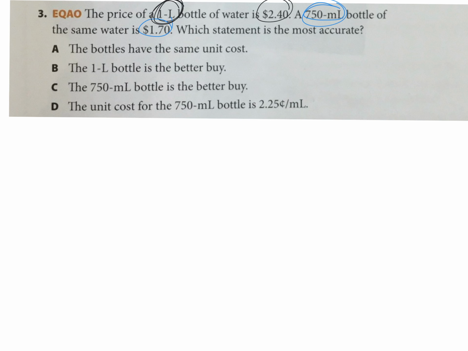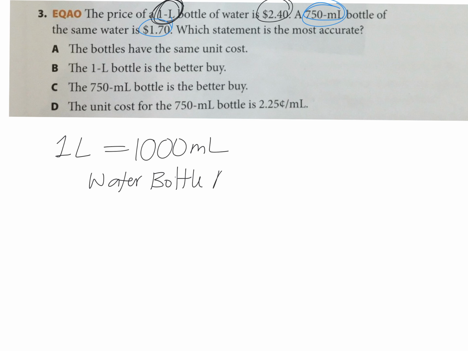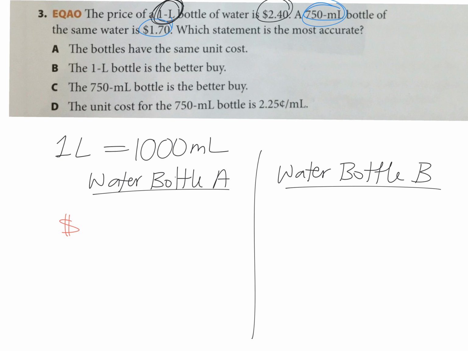1 liter equals how many milliliters? Anyone remember? 1,000. Write that down. So water bottle A, we'll call it, and water bottle B. Okay, it costs $2.40 for the first water bottle, and you get 1,000 milliliters of water.